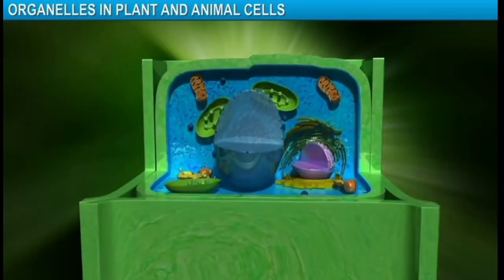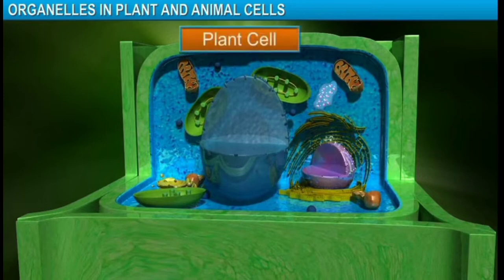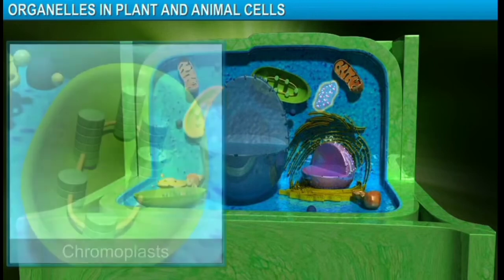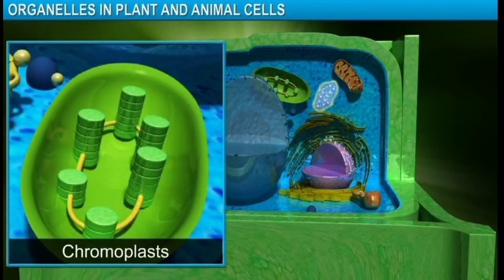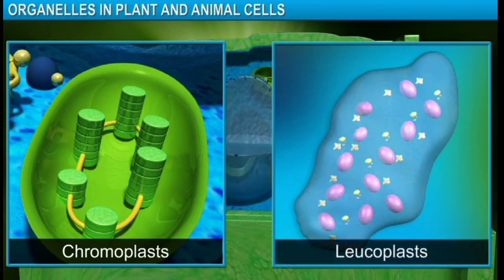You have seen this cell before, haven't you? It's a plant cell. Here is an organelle present only in plant cells, the plastids. There are two types of plastids: colored plastids called chromoplasts and colorless plastids called leucoplasts.